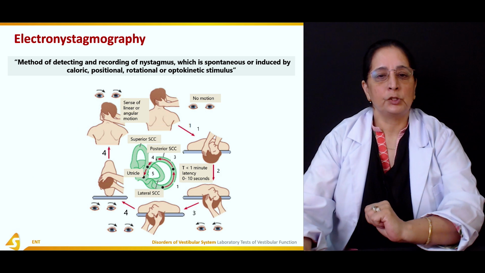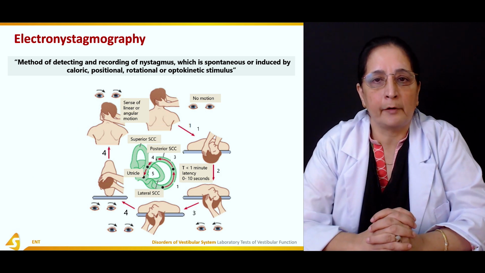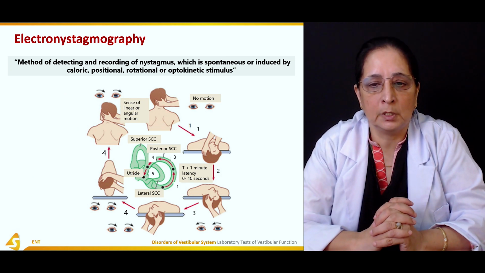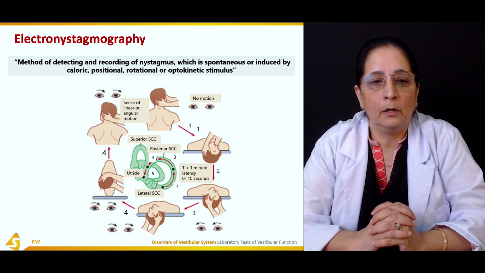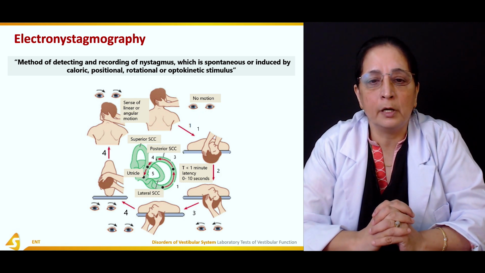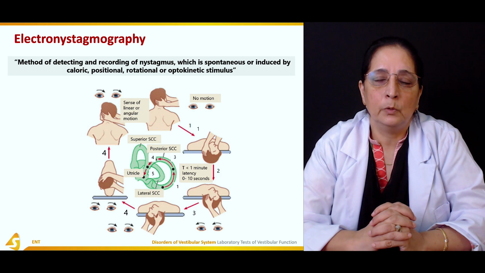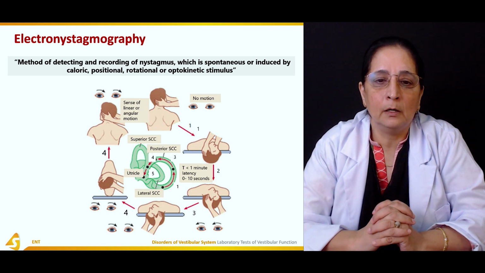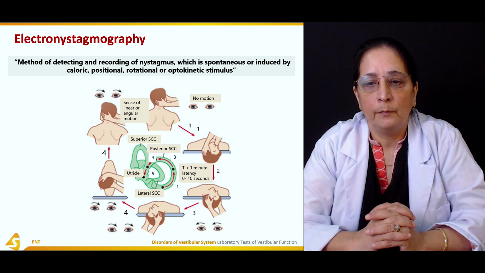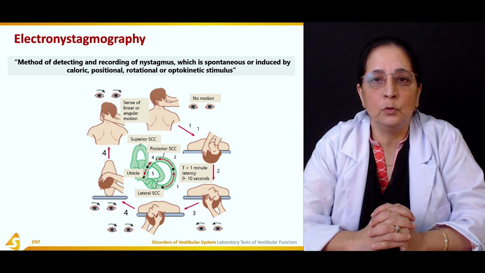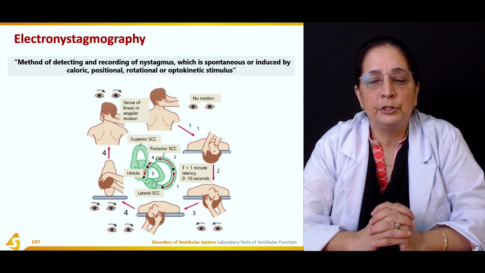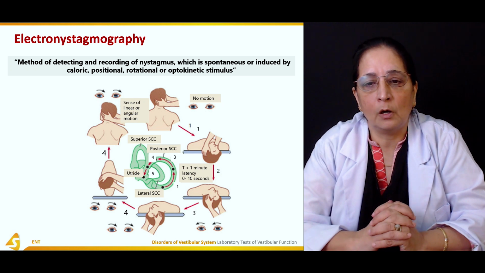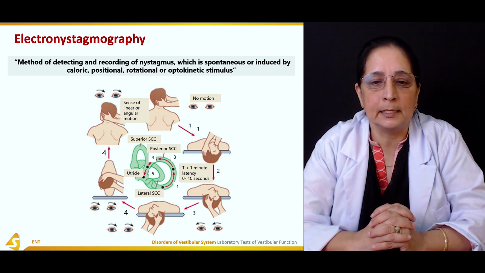Then there is electronystagmography. As the name shows, it is the method of detecting and recording of nystagmus. So, electrical recording of the nystagmus, which is spontaneous or induced by caloric, positional, rotational, or optokinetic stimulus.